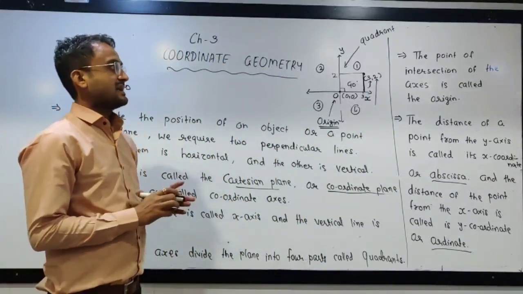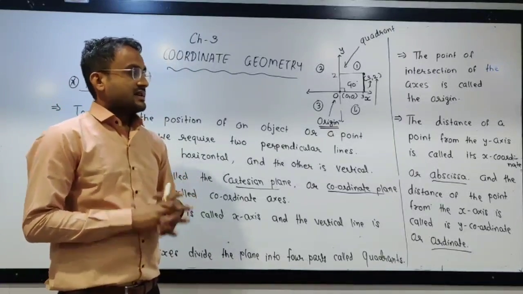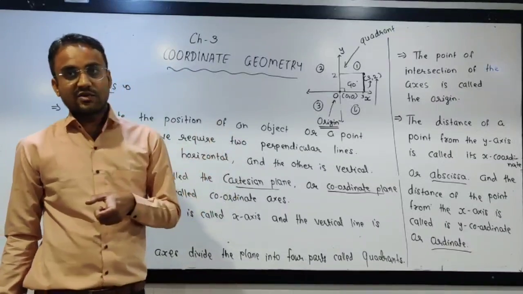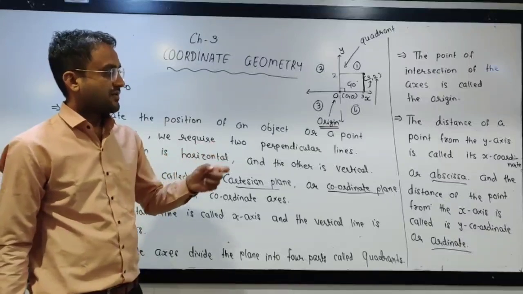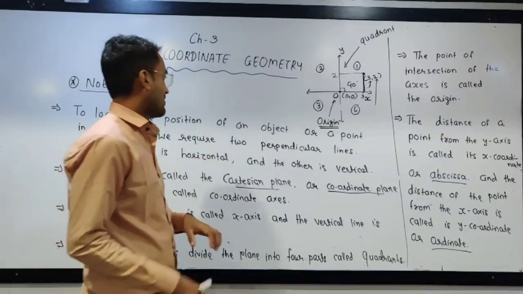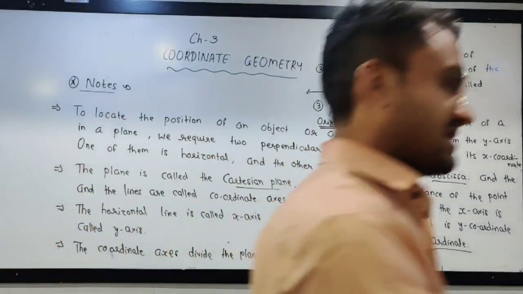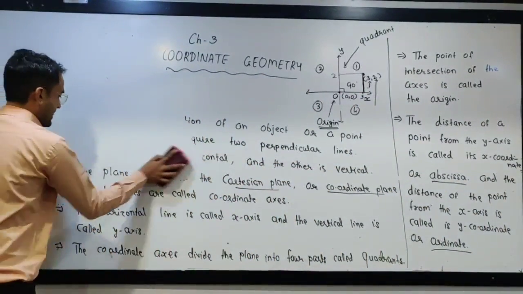So this type of blanks are also asked in the exam: the distance of a point from the y-axis is called its x-coordinate or abscissa, and the distance of a point from the x-axis is called its y-coordinate or ordinate. Are your doubts related to abscissa and ordinate clear, right?